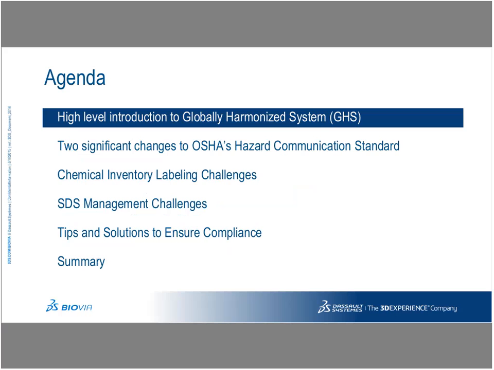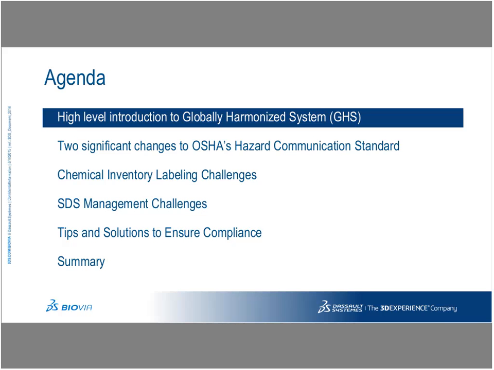Just a high-level overview of what we'll be covering: a quick introduction to the GHS, as well as a little bit about the OSHA standard and how that applies here in terms of chemical inventory management. Of course, then we'll talk a little bit about the challenges people face with chemical labeling, chemical inventory management, also SDS management, because both of those things are directly affected when it comes to GHS and the changes that are being adopted.